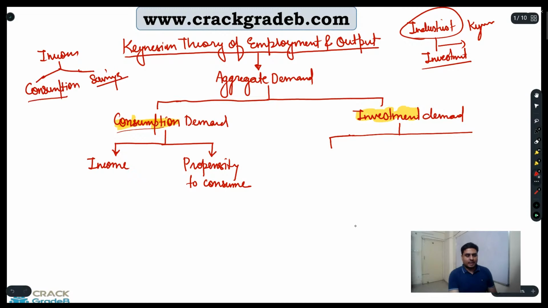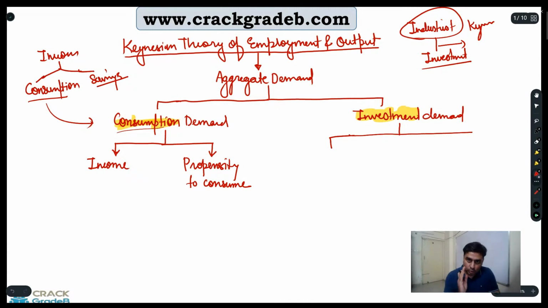So when I explained consumption, students feel that this investment demand is basically the saving part. No, when Keynes was saying investment demand, he is talking in terms of the producers, means the industrialists, those people who are involved in production activity. For them, he is talking about the investment demand.